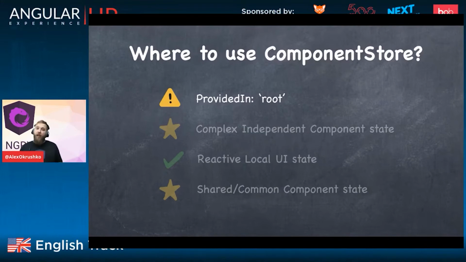There could be a good use case for provided in root, and the good use case that I typically provide is the permissions. The user permissions, again, is a very small state. It's truly global, but it's very, very narrow. The chances that you'll have other services injecting that are almost none, right? So that one's a small one. And that one's probably an okay use case.